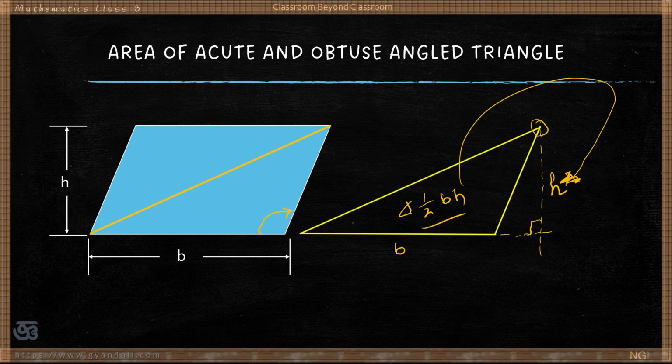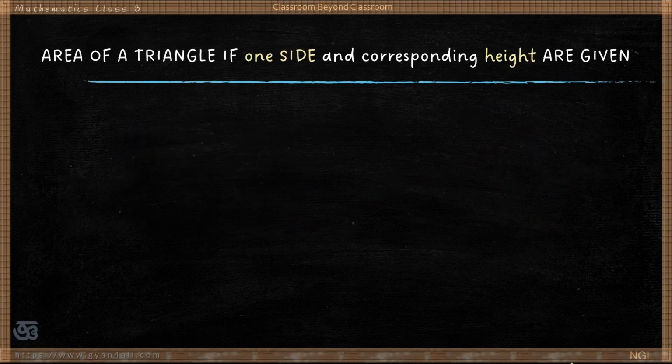So this is how we have to calculate the area of a triangle based on whether it is a right angled triangle, an acute angled triangle, or an obtuse angled triangle. Area of a triangle, if one side and the corresponding height are given, this is the thing we have learned so far.